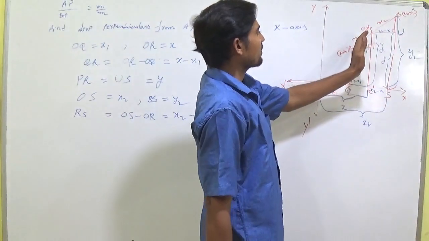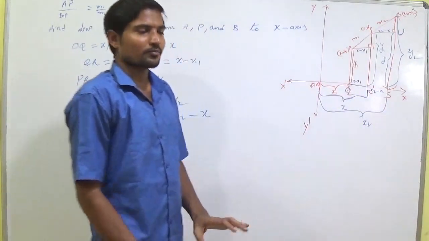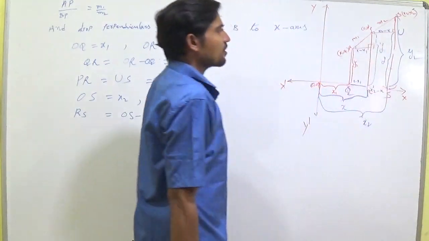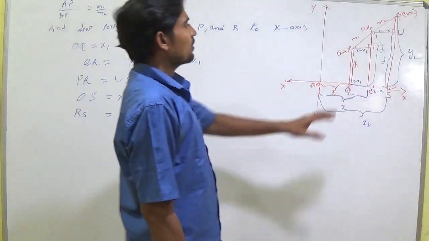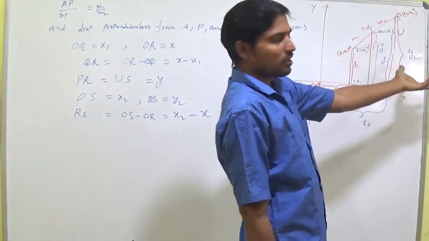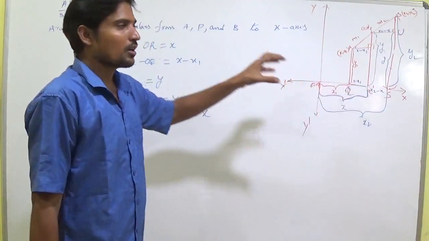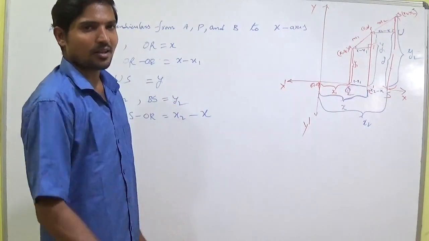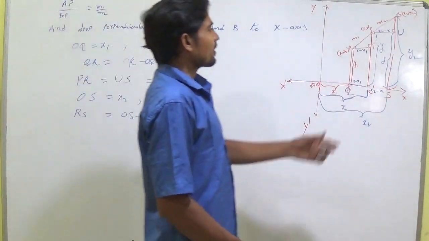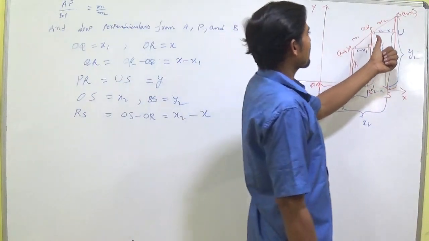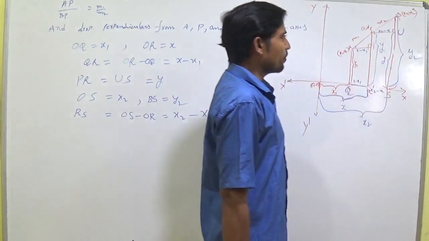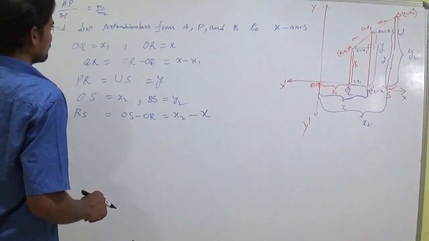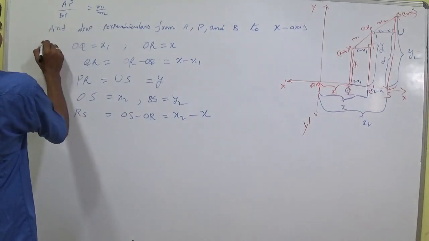One is an interior angle, one is an exterior angle, and these two are equal. That means angle A is equal to angle P, and T is equal to U, those are right angles. By angle similarity, those triangles are similar. What are the triangles? APT and PUB are similar triangles.